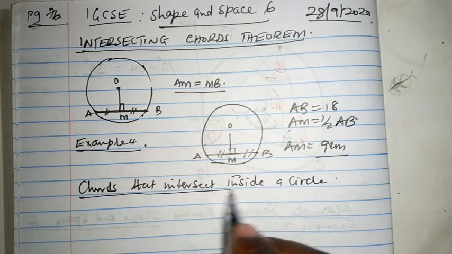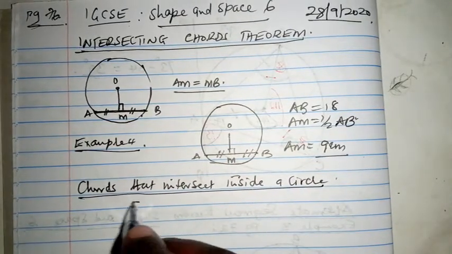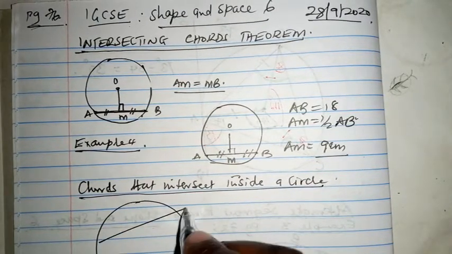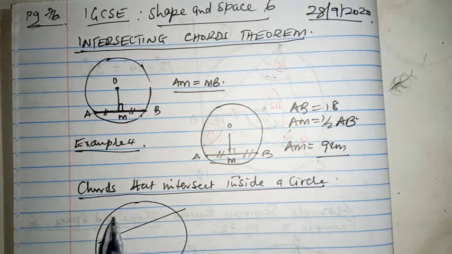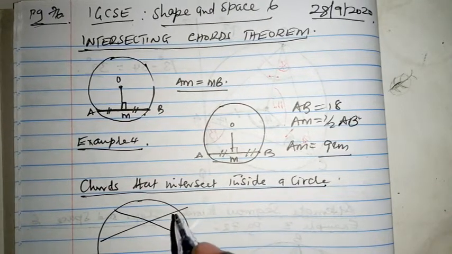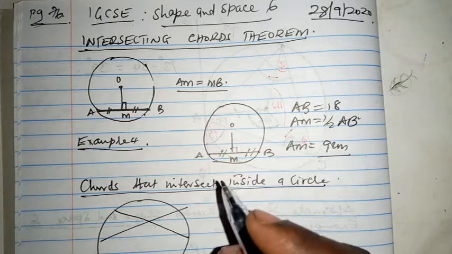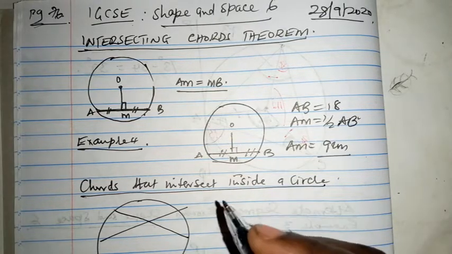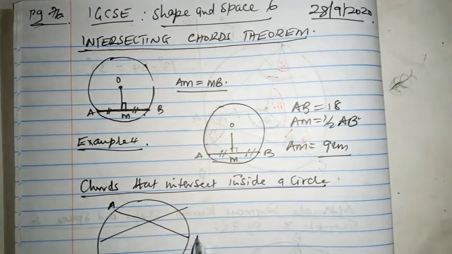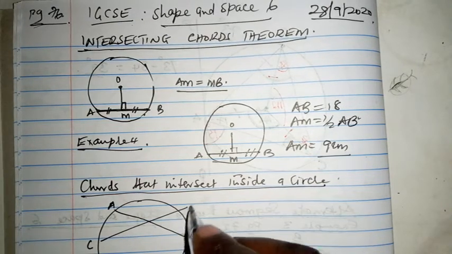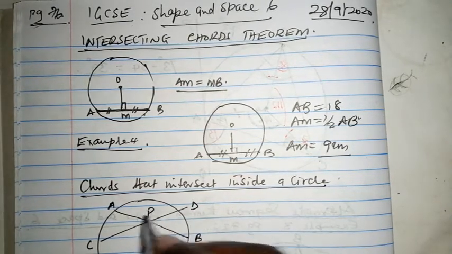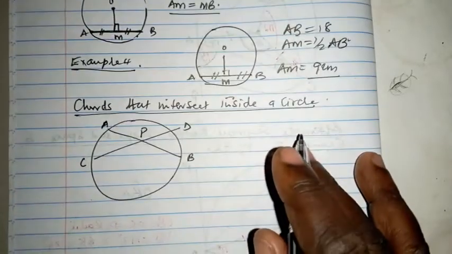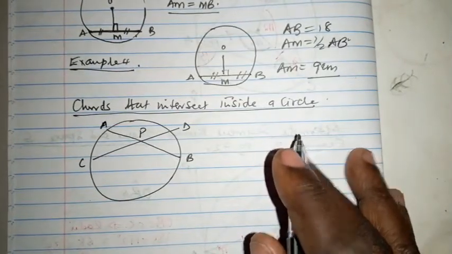Something like just this: that is a chord, and that is another chord. If we're talking about this, A, B, and this is C, D, and this happens to be P.